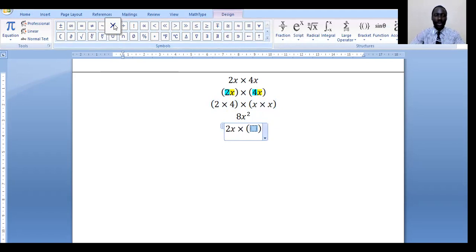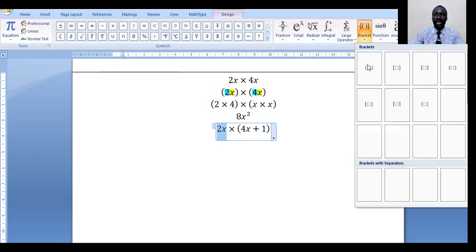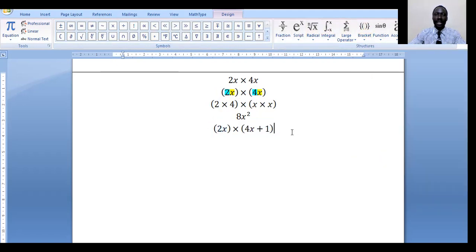Let's suppose that we are multiplying this with 4x plus 1. How will this come out? You see this? How do we multiply this type? All these are algebraic expressions. I would like to put this also in its own bracket, right? Like that.